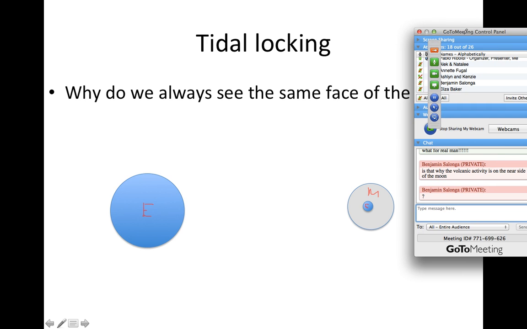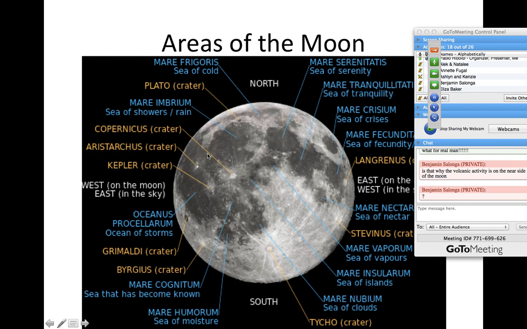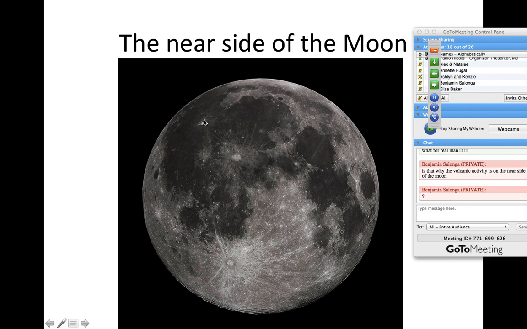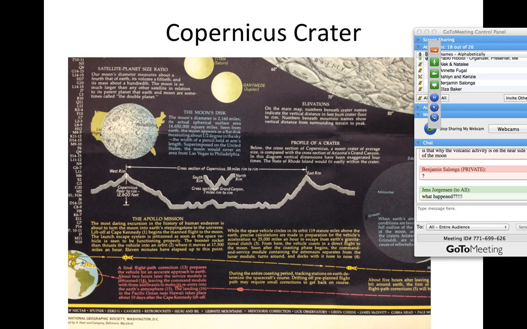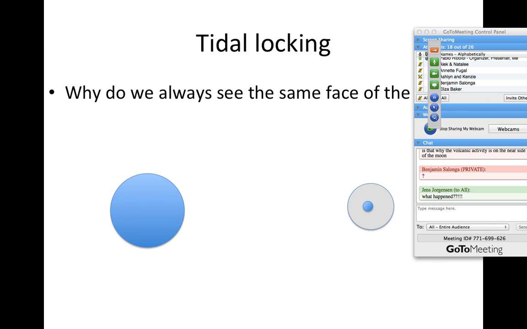That is also the reason why the volcanic activity, the maria, the volcanic beds that we see, are on the near side, because on the near side the core is closer. So if there is any volcanic activity, it would go on this side as opposed to the far side. It is lopsided.